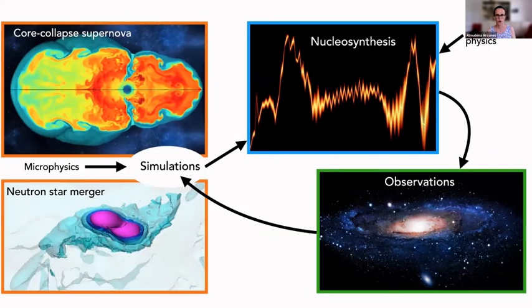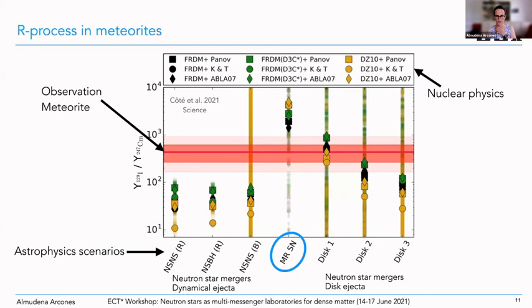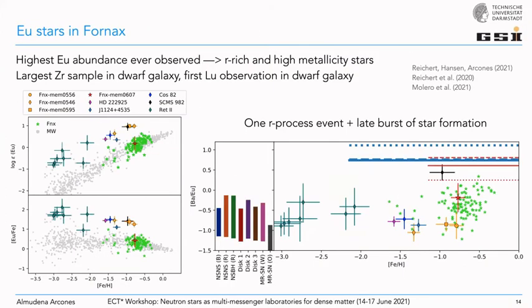Sorry, I went in the wrong direction, I think. Here I want to talk also about the europium stars, which are also very exciting for studying just one r-process event. These are stars that are in Fornax. We have found them.